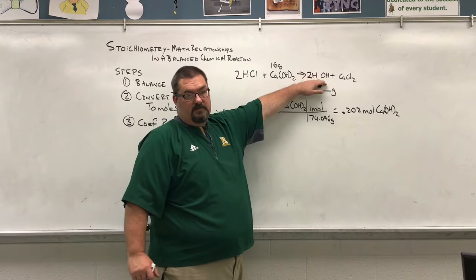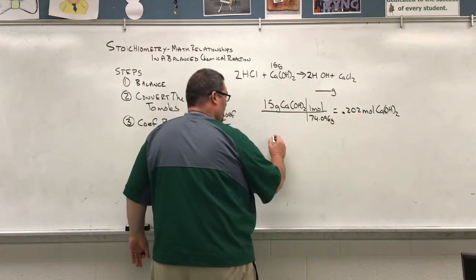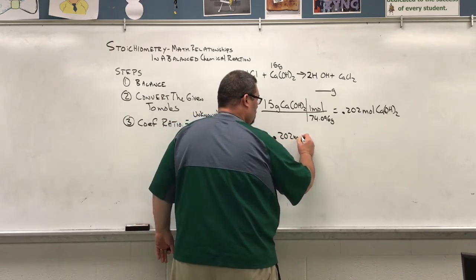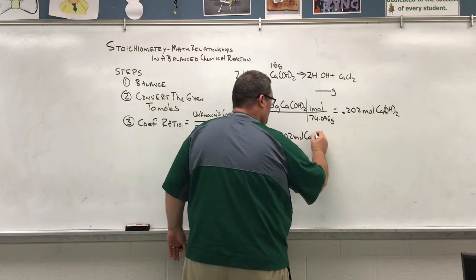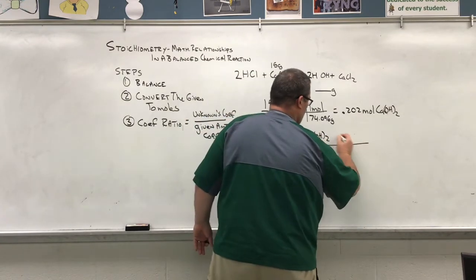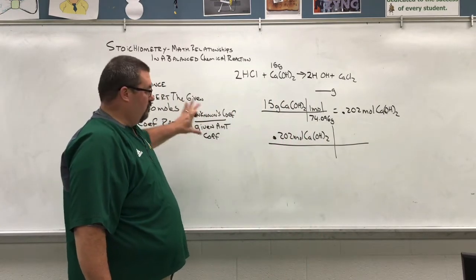So in this case, I'm solving for water. So if I start with my given amount of moles, 0.202 moles of calcium hydroxide, so I've got my coefficient ratio here.